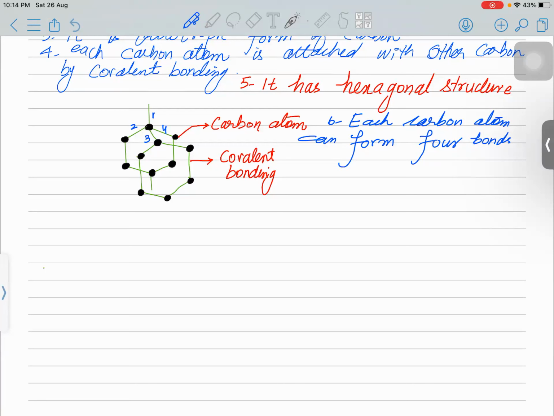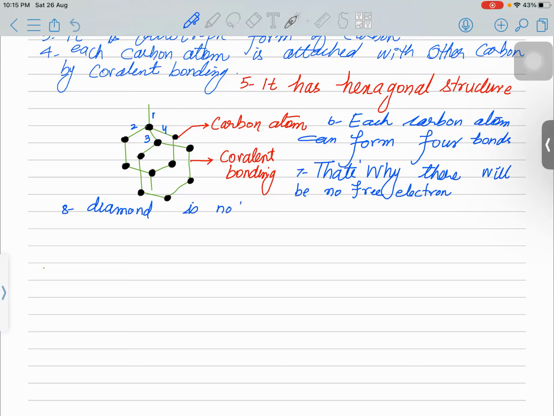Diamond doesn't conduct electricity. Number 7: there will be no free electrons. Basically, carbon has 4 valence electrons, so it can form 4 bonds.